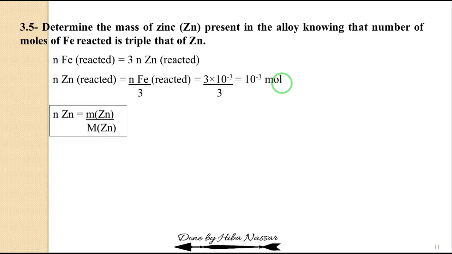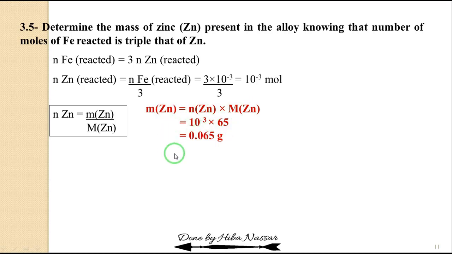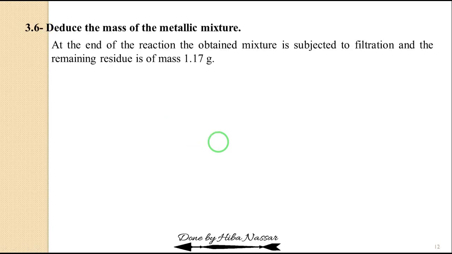The number of moles is equal to mass over molar mass. So we can deduce directly that the mass of zinc is equal to the number of moles times its molar mass, 65 gram per mole. So it's equal to 0.065 gram.